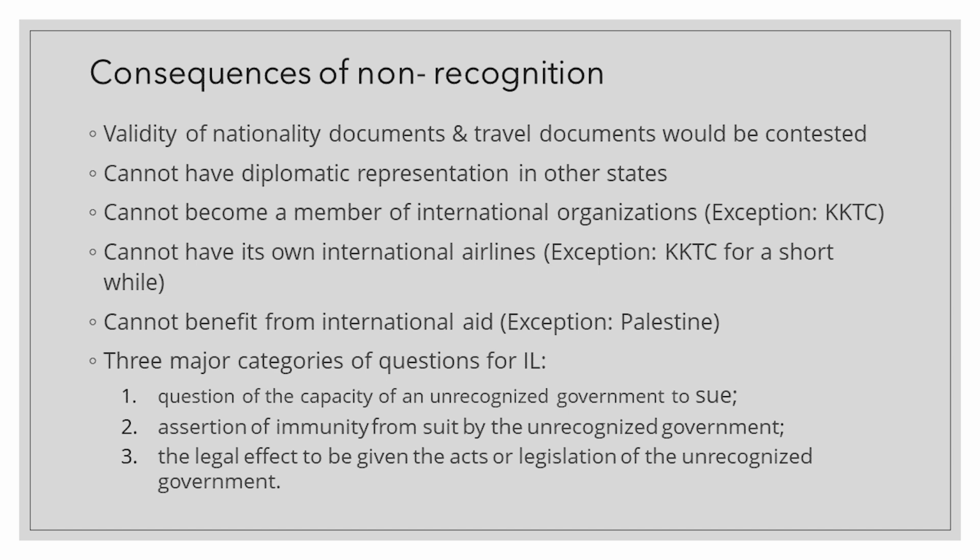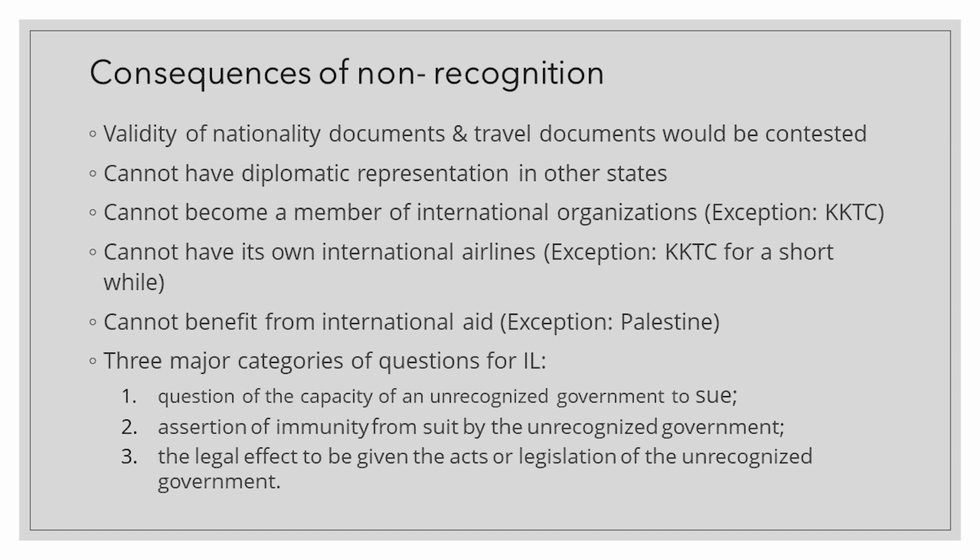Again, non-recognized states cannot benefit from international aid. So, for example, if United Nations aid or any other organization's aid or any other foreign aid is to be sent to a non-recognized state, then non-recognized states cannot have that benefit. But then the exception is Palestine, where United Nations aid and other kinds of aid are given to Palestine, regardless of the fact that Palestine is not recognized as a state by many states of the world.